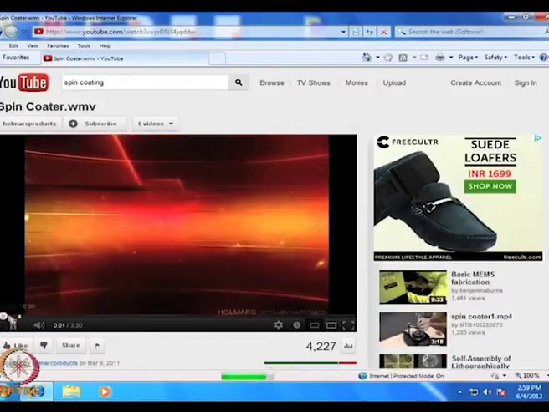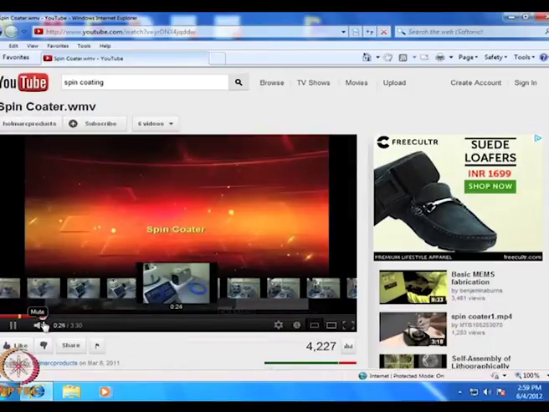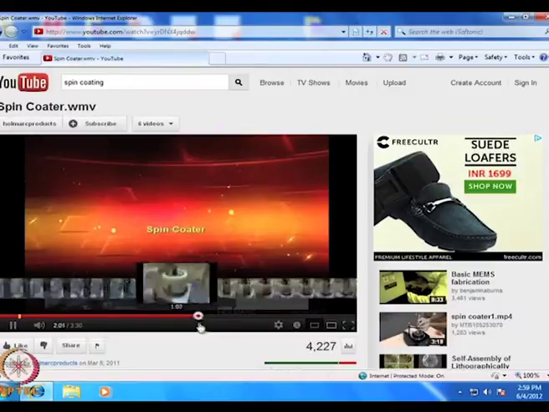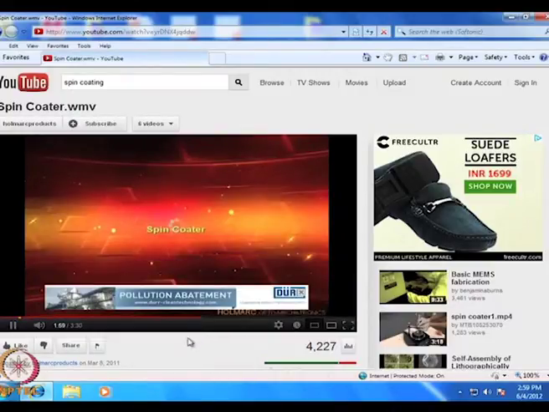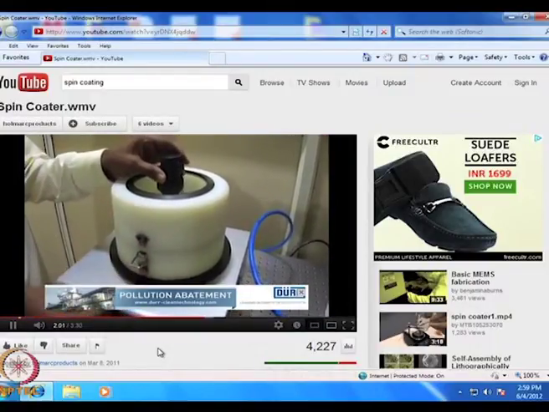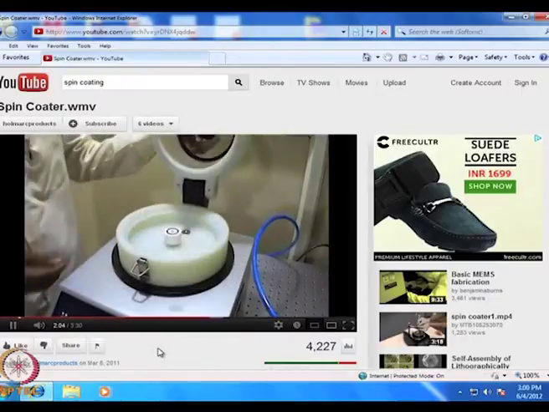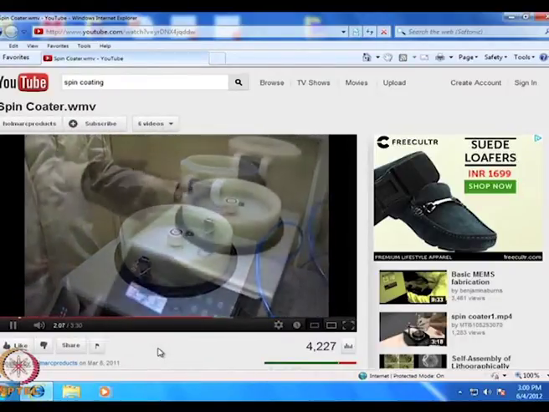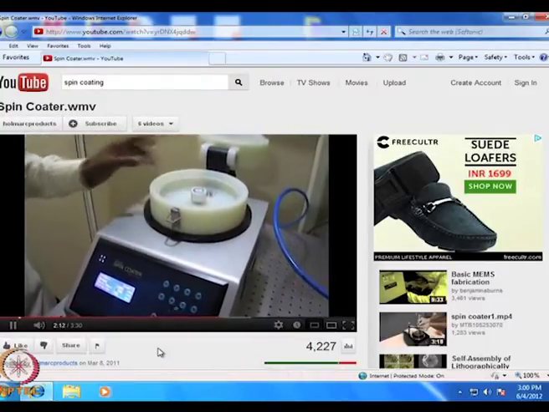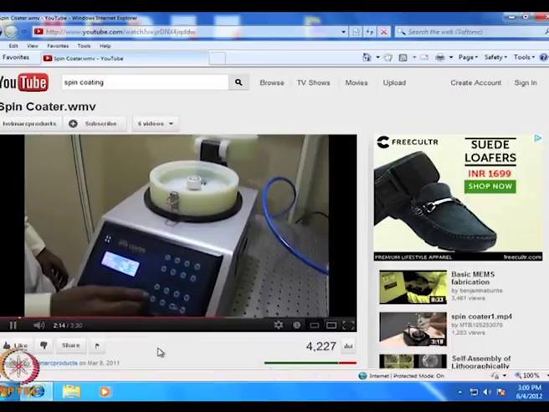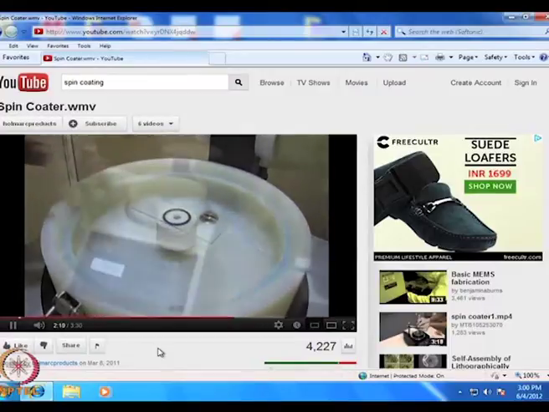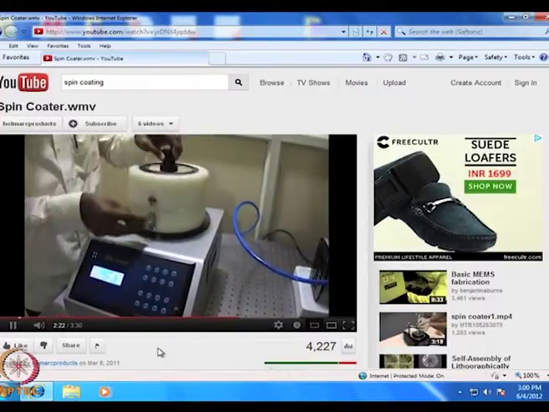I will show only selected parts. This is a spin coater. It is being opened. What it has in the center is basically a holder with an O-ring, and the gentleman places a glass plate on it, and then he evacuates it, so that the glass plate is now sticking on the surface of the rotor.